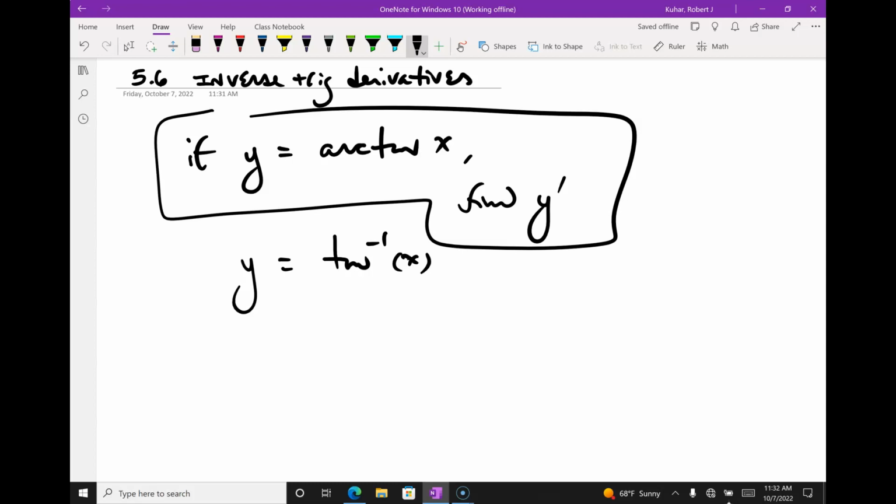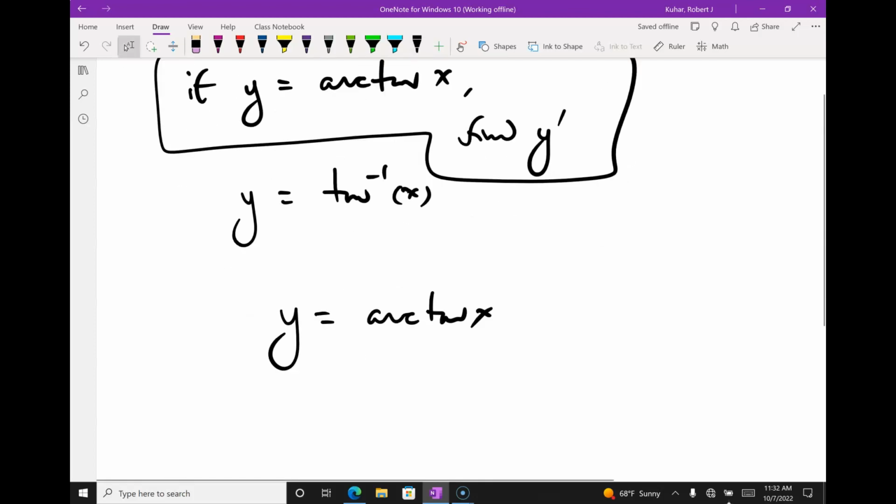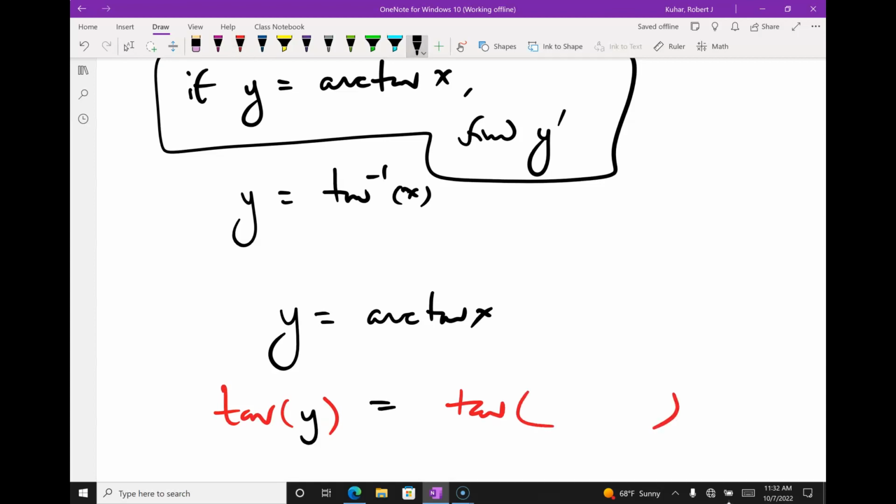But the problem is I have no idea what to do. But I know the derivative of tangent, right? So what we do is we take our y equals arctan x, compose both sides with tangent, right? So tangent of y should equal tangent of the arctan of x.